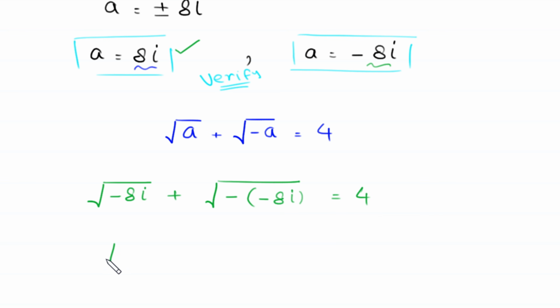Next, the square root of negative 8i plus the square root of this negative times negative 8i, which will become positive 8i, is equal to 4.